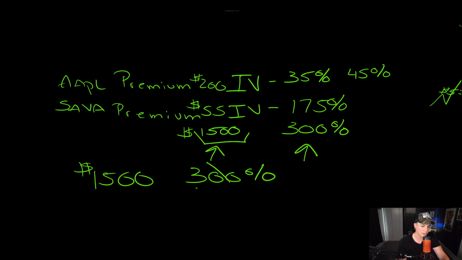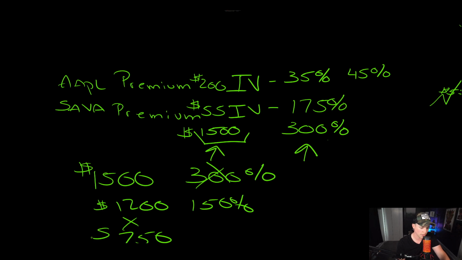And let's say the stock drops 5% and now the contract would be worth, with the same amount of IV, $1,200. Well, the IV drops from 300 to 150% because there's less volatility, and this shaves off $700 to $900 worth, and now your contract's worth $750. And all of this was because of your implied volatility.